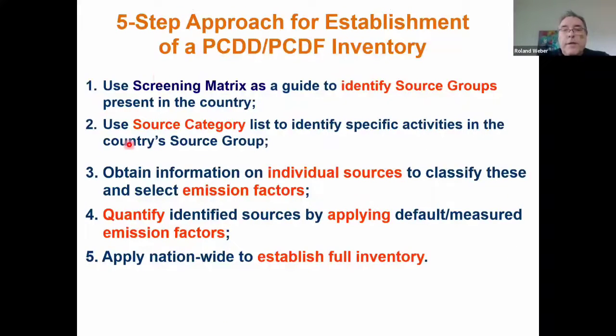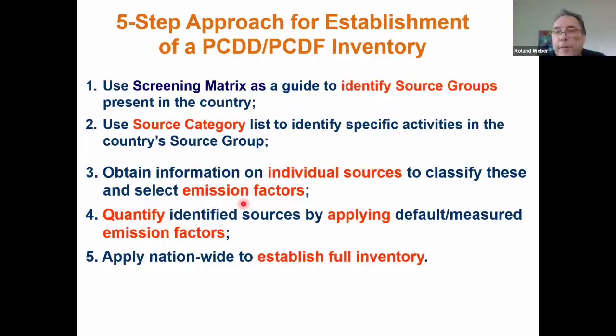So these were the first two steps. First, looking through the different source groups. In the source groups, you look at the different source categories, and then you gather the data for the individual source categories. And then for all the individual sources, you decide on emission factors.